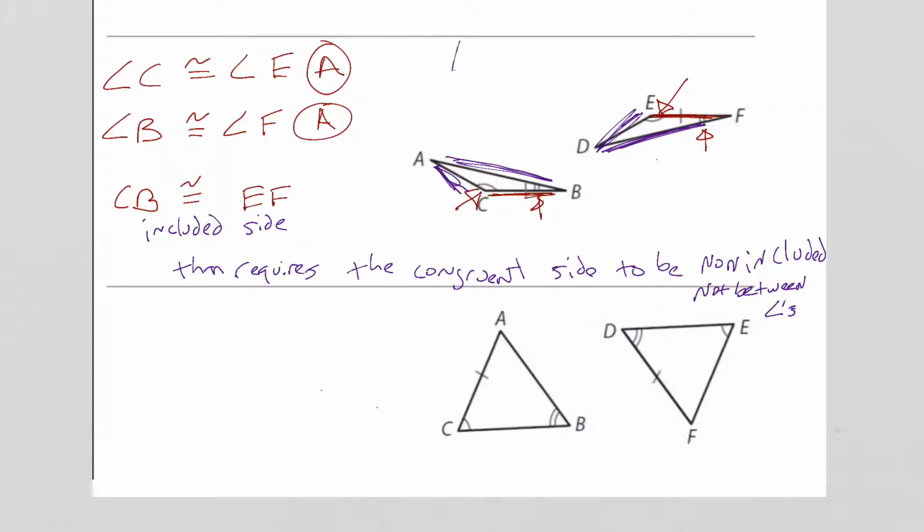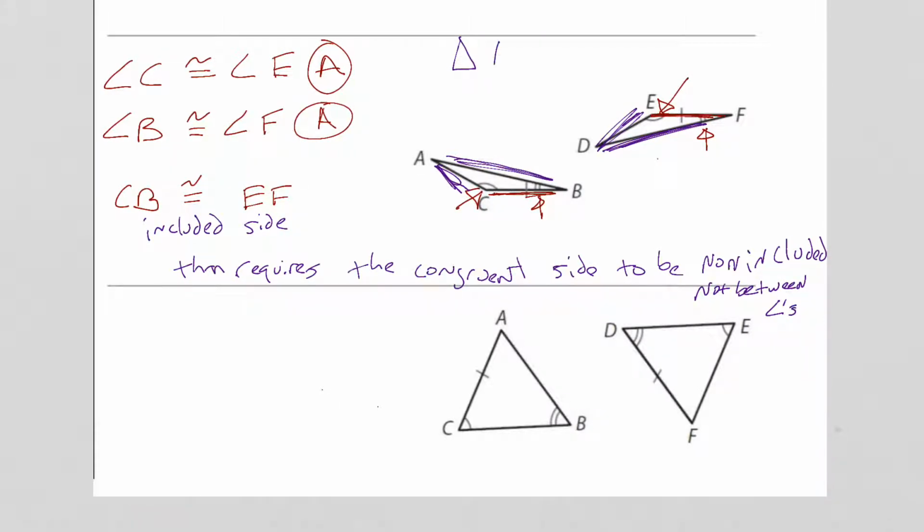That these two triangles, at least by the angle side theorem, are not congruent. So I hope that makes sense.